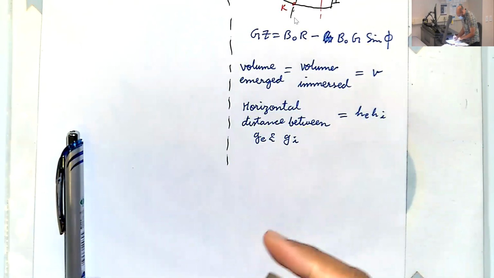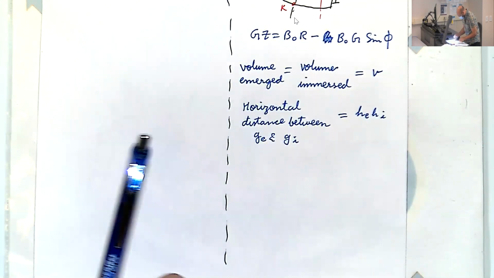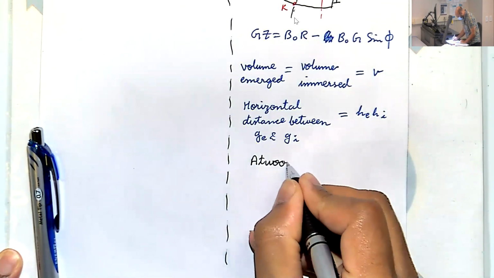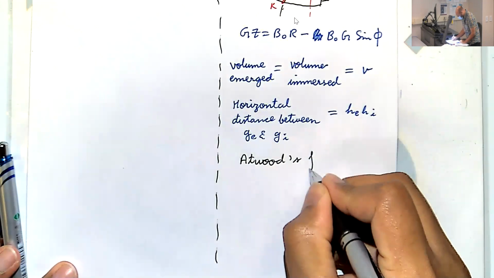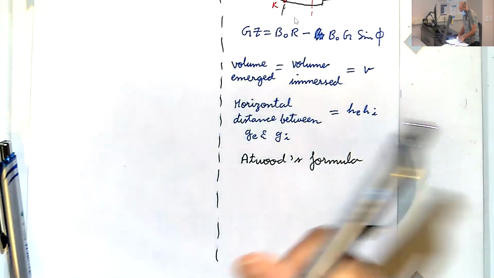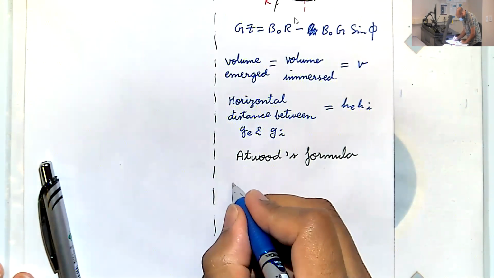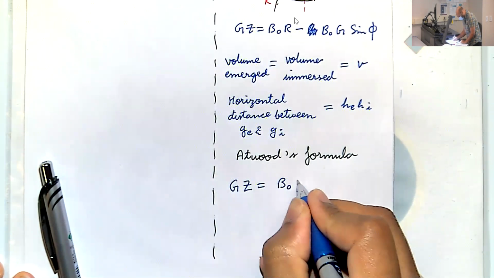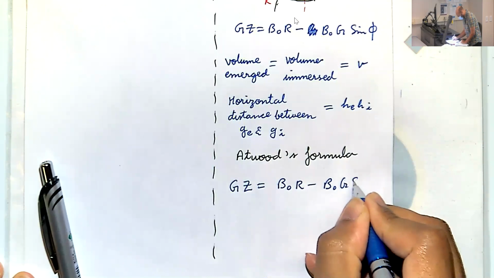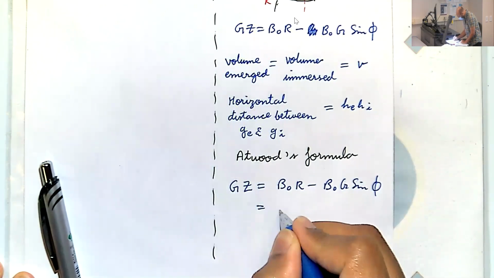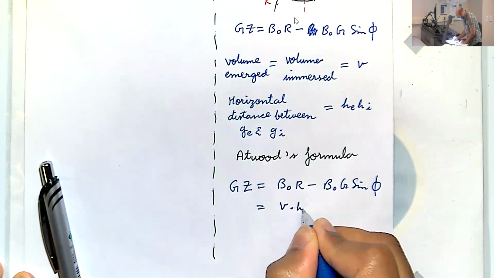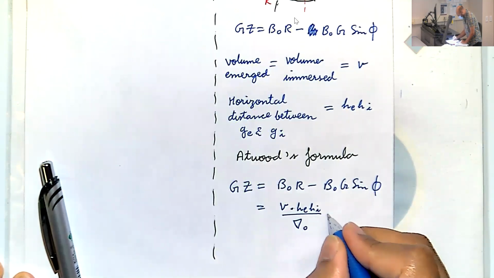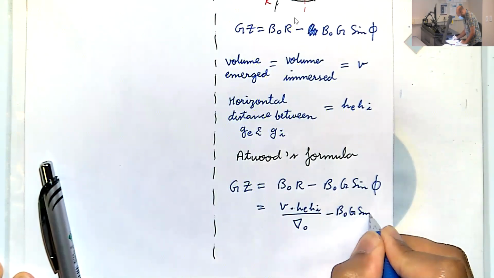So in this case, we won't derive it, but we have something called Atwood's formula, which says the restoring arm, GZ, which is B0R minus B0G sine phi, can be computed as little v times HEHI over nabla 0 minus B0G sine phi.